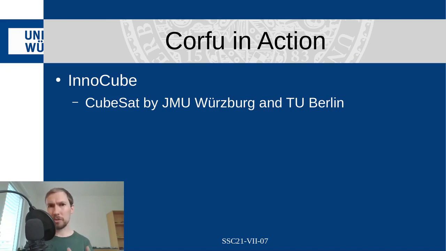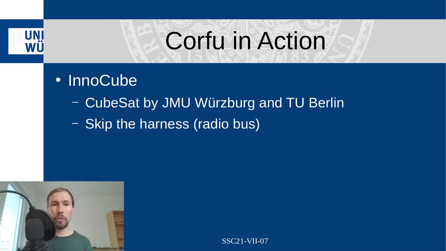Its purpose is to have a technical demonstration of two techniques. The one is skip the harness, which replaces a wired bus between the different computing nodes with a radio bus. The other technology that is shown by this satellite mission is called Wally, which is a battery directly integrated into the structure.